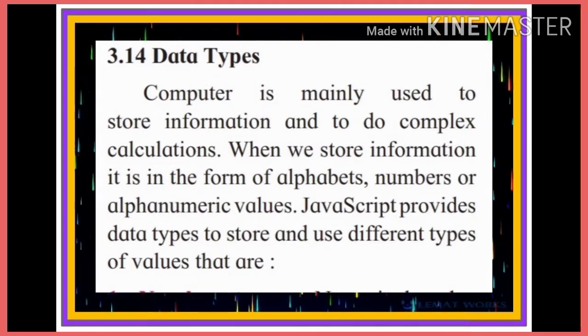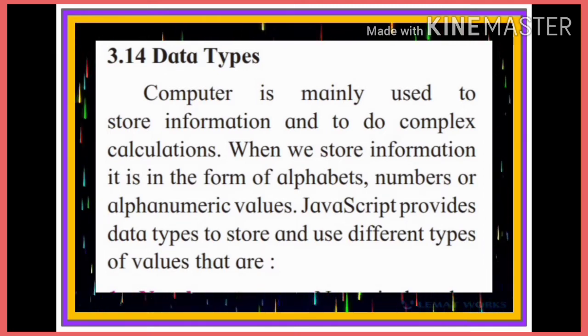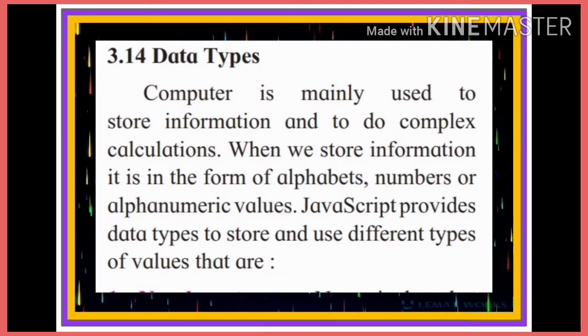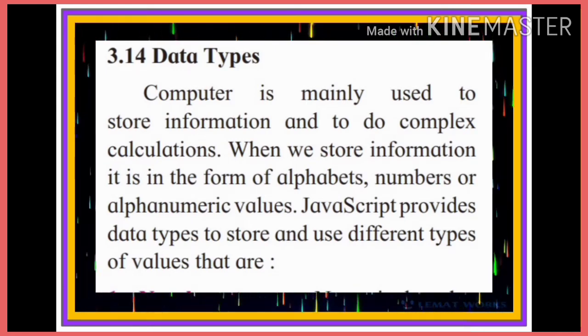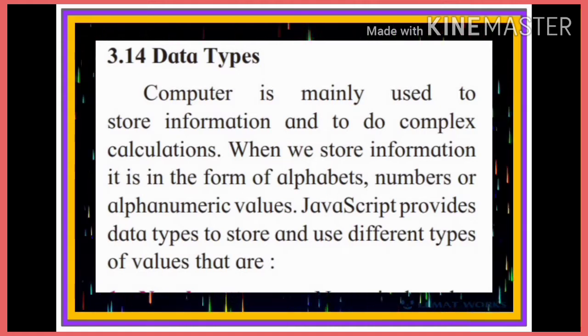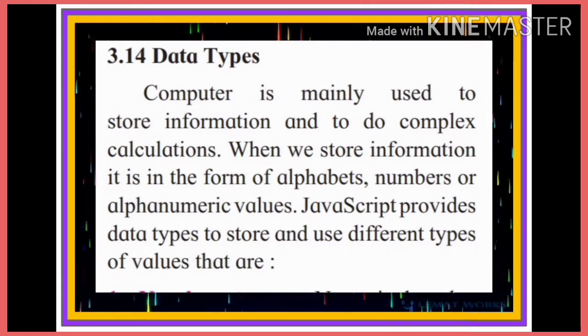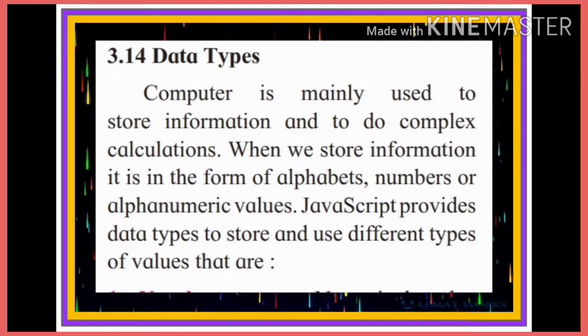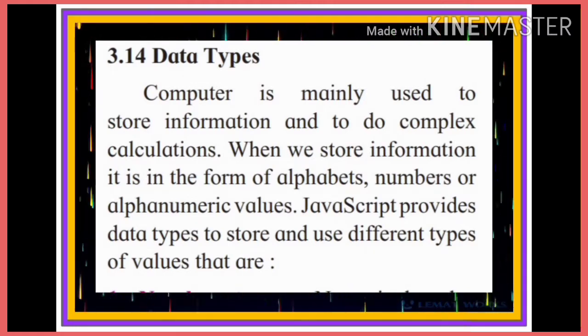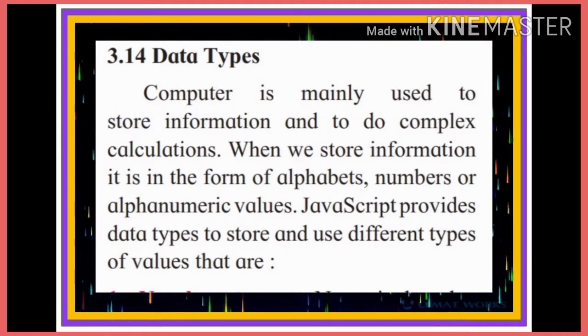Also, we have seen the data types. Which data types? Number type, string type, boolean type, infinity, null and undefined. JavaScript provides data types to store and use different types of values. That means different types of data types to hold the different types of values.